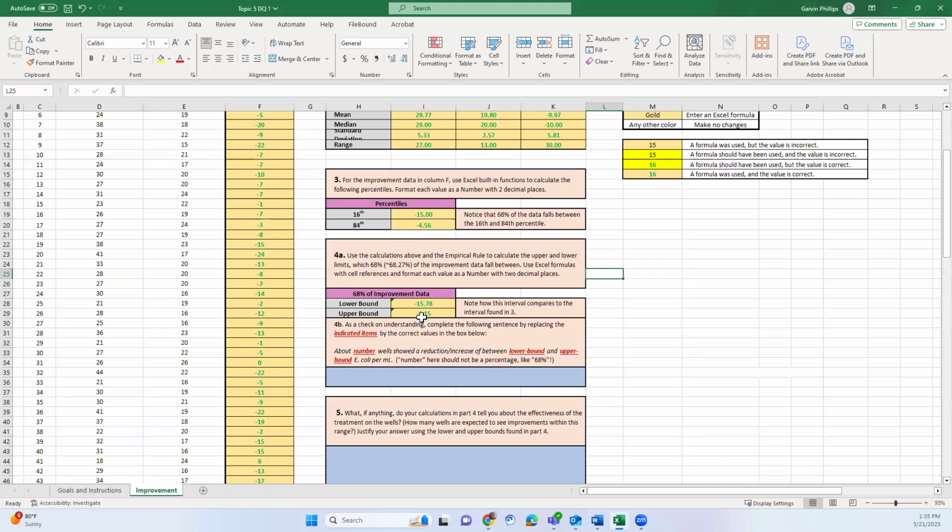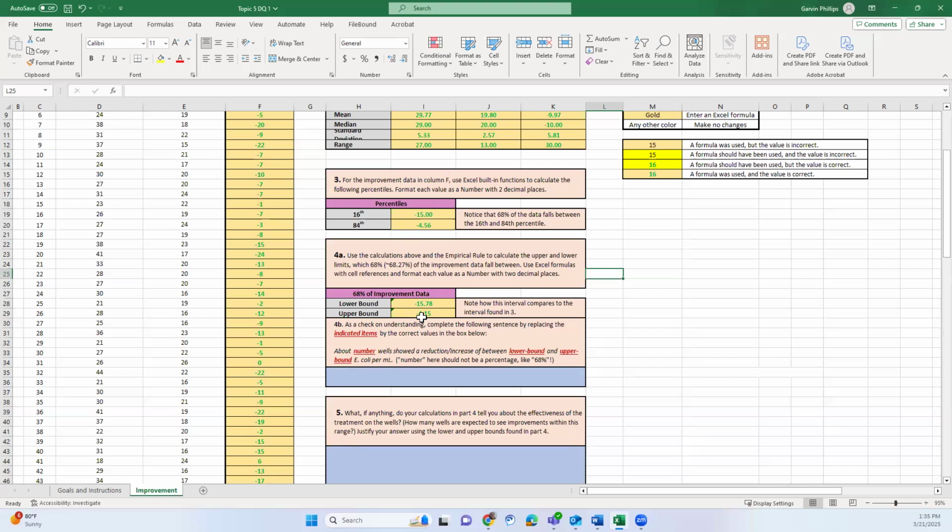So somewhere in there, they all improved approximately anywhere between 15 and 4 E. coli. That's good. That means we've cleaned up these wells. That's kind of the idea. 68% of the wells got cleaned up.